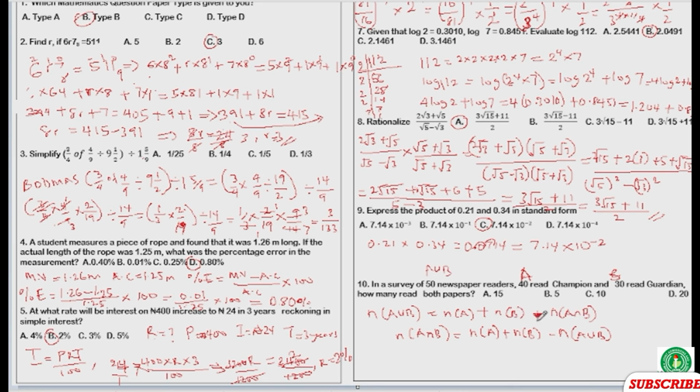So we have 40 plus 30 minus 50. Definitely we have 70 minus 50 equal to 20.